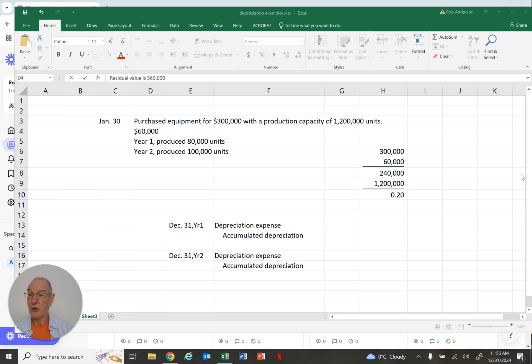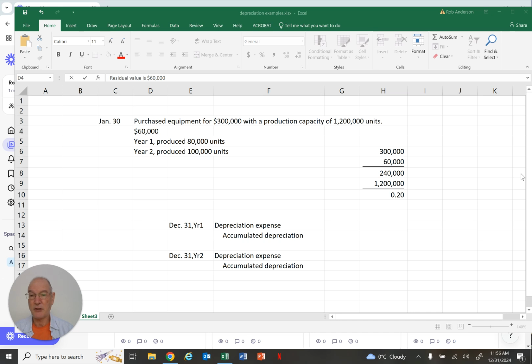So instead of saying it's going to last so many years, what we do is we estimate the production capacity of that machine, and then we find out the production cost, or the depreciation cost, I should say, of one unit.